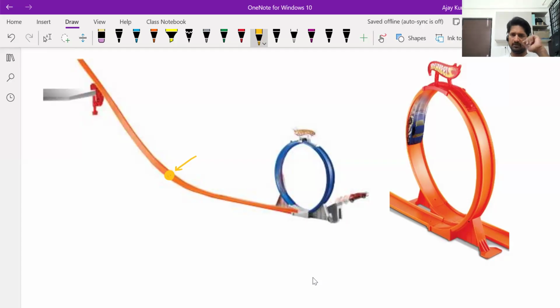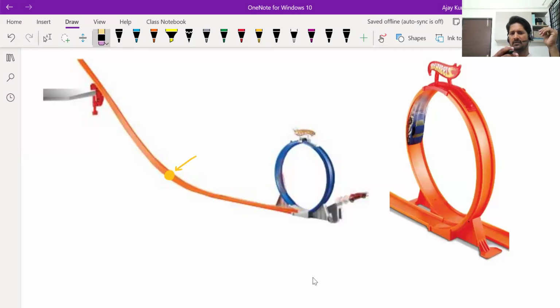Rishi, continue. What will happen? Sir, it'll only cover some distance and then come back. It can only rise to a small height on that hoop and it will come back. In this case, swinging is not possible. It will rise up to a certain height and go back along the track.